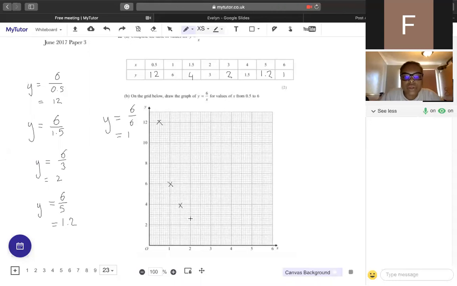Then you have 2, 3. 3, 2. 4, 1.5. 5, 1.2, which would go over here, and 6, 1. So we can see that it's going to look like a smooth curve. So we can go ahead and start drawing our smooth curve that goes through all of the points.